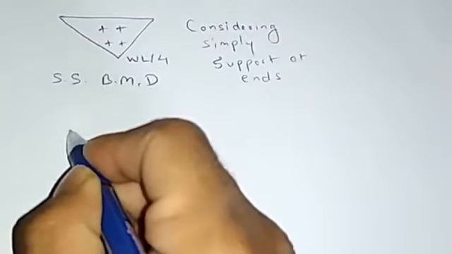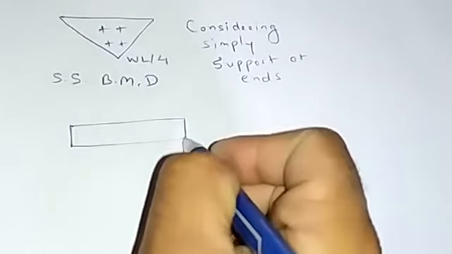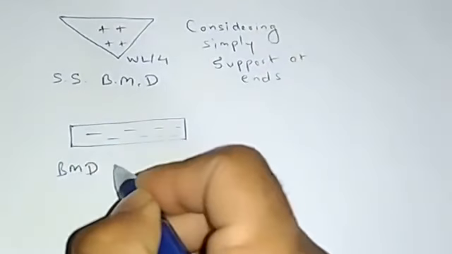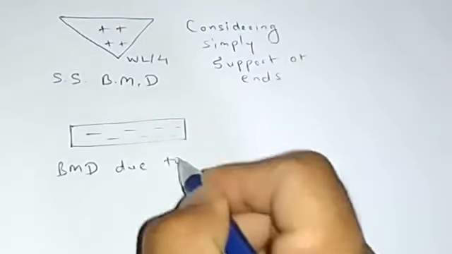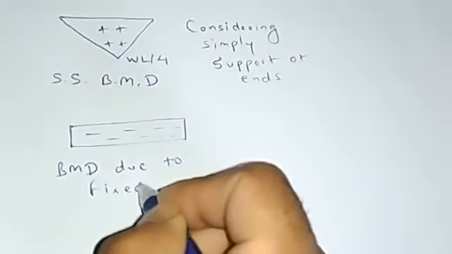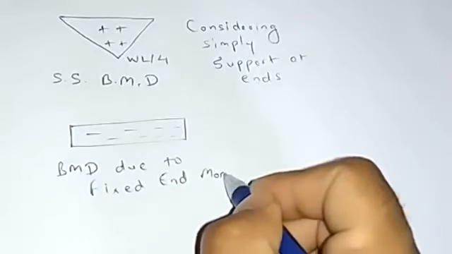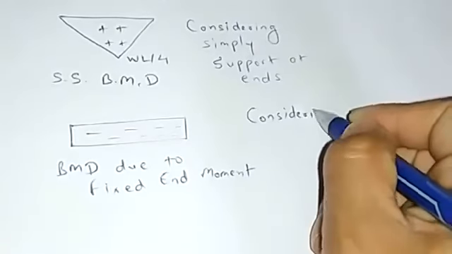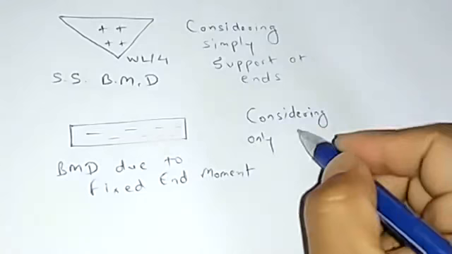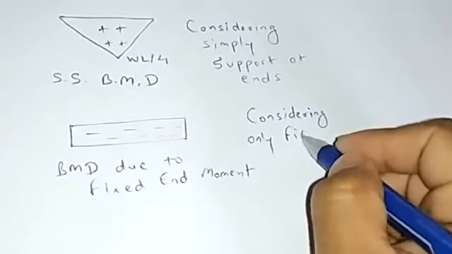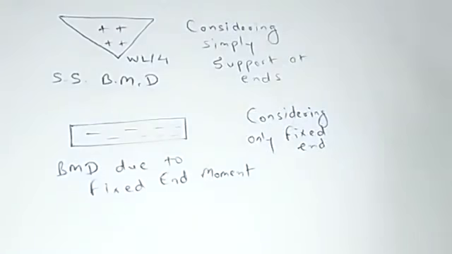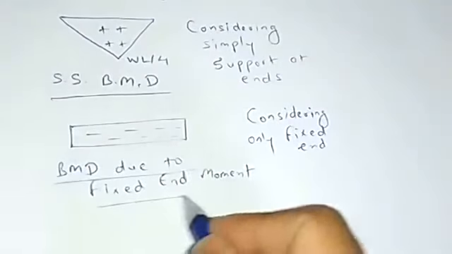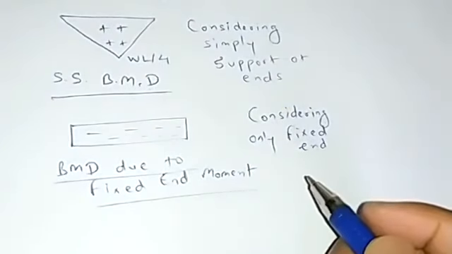If we just consider the fixed end moment, this is the BMD due to fixed end moment, considering only the fixed ends. So this is the simply supported bending moment diagram, and this is the bending moment diagram due to fixed end moment.